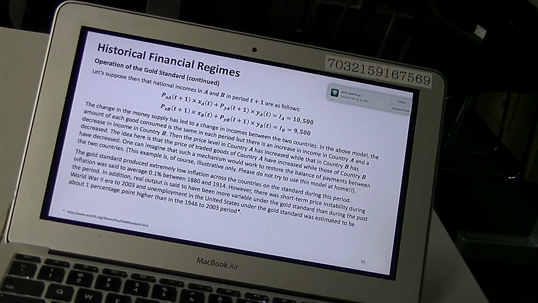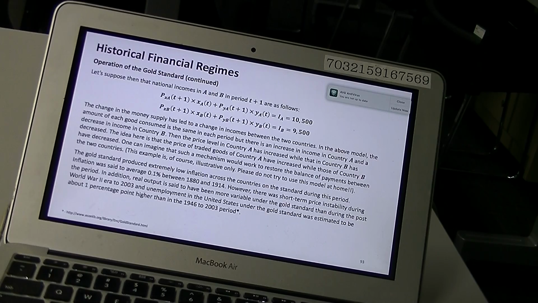That increases the prices in country A. That makes less trade back to country B. There's eventually a balance of trade, which eliminates the flow. So that way, because of that flow of gold, the balances are maintained, and so there's relatively little inflation. It reduces inflation. And so there's almost no inflation.